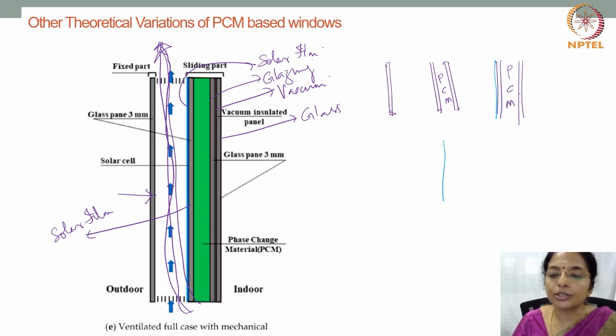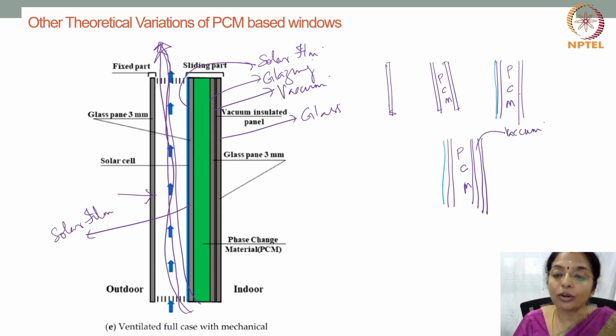a solar film, glass pane with PCM, vacuum and then another glass pane. So this is vacuum.